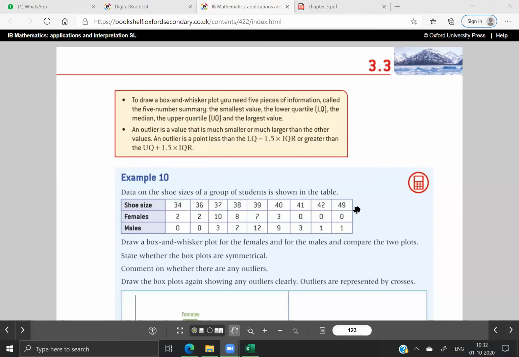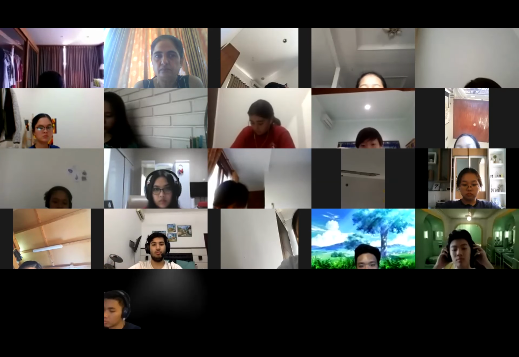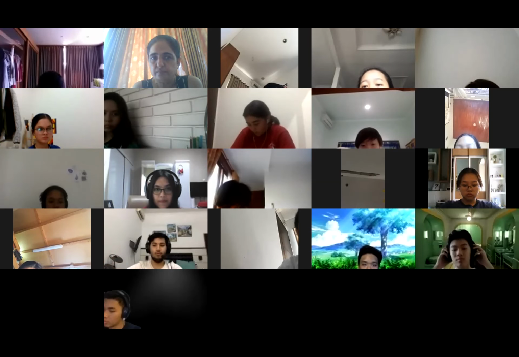Now there's this formula given, lower quartile minus 1.5 into the IQR. IQR, we have done this before. Arnab, can you tell me what is IQR, or anyone who knows? IQR is the interquartile range, meaning it is Q3 minus Q1. And Q3 is what here?